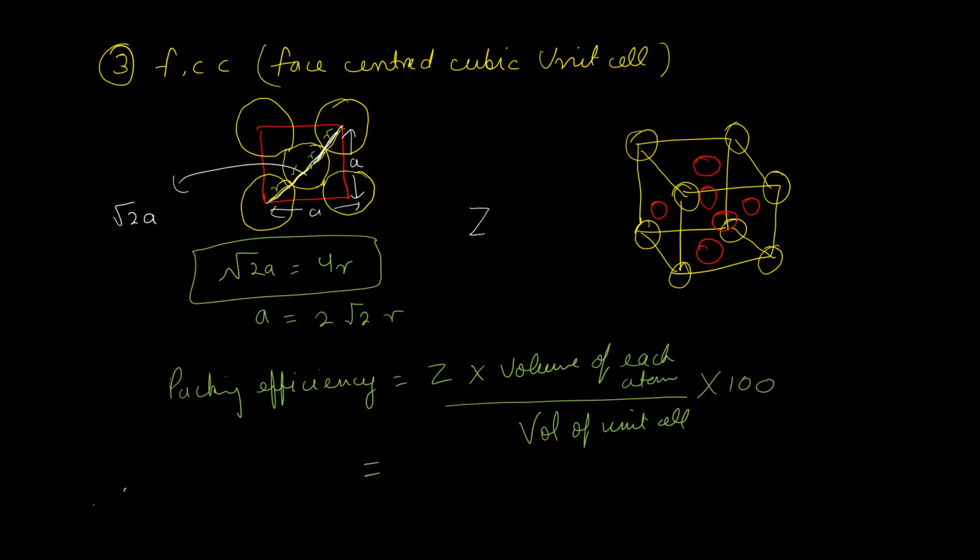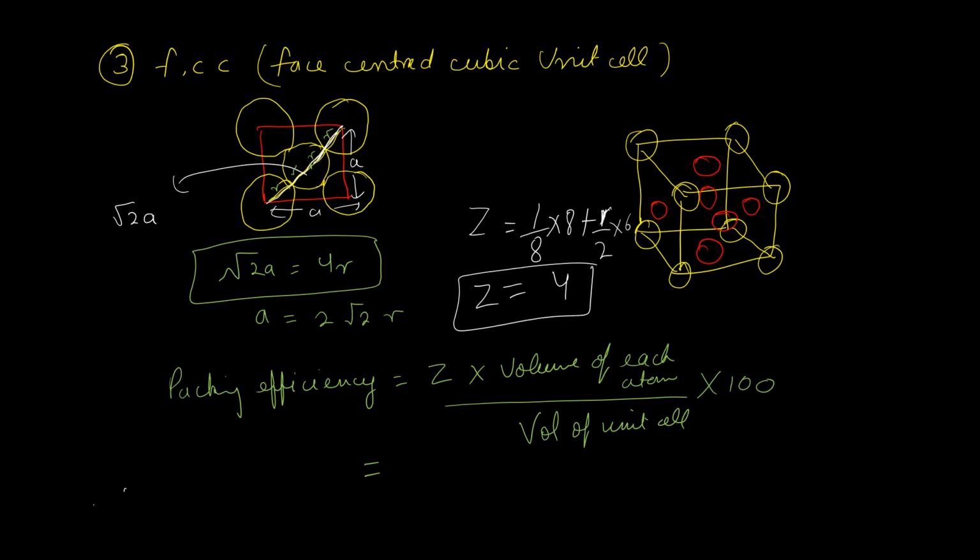So Z atoms are present at the corner. So at each corner 1 by 8 into 8, plus at face, since one face is in direct contact with only one face of another cube, so half contribution is there, and since 6 faces are there, so when you solve it, it comes out to be 4. So Z equal to 4.